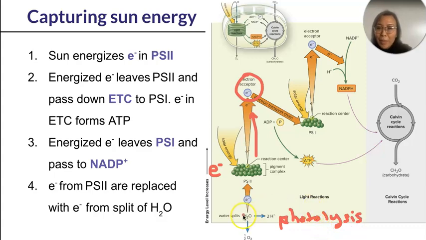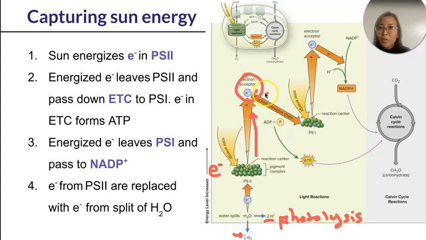So what's happening is that the water that is passed into the chlorophyll is going to get split. And when that water gets split, it gets split into hydrogen ions as well as oxygen and electrons. And this electron is going to reside in photosystem 2 until it gets excited by the solar energy. Once it gets excited, it reaches another energy level and goes on to the next electron acceptor.